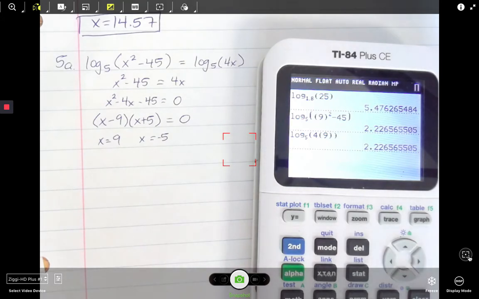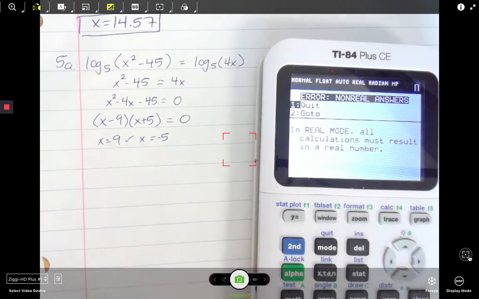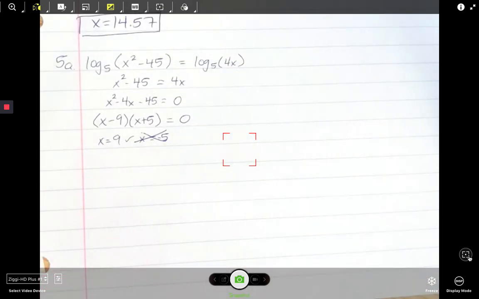You see how those are the same? So x is equal to 9 is an answer. I'm going to try it with negative 5 now. Negative 5 squared minus 45 gives me a non-real answer, so I automatically know negative 5 is not a correct answer. And that's the whole run.